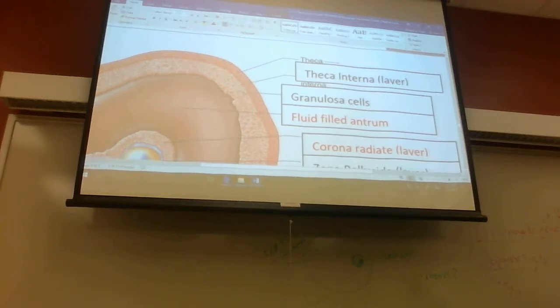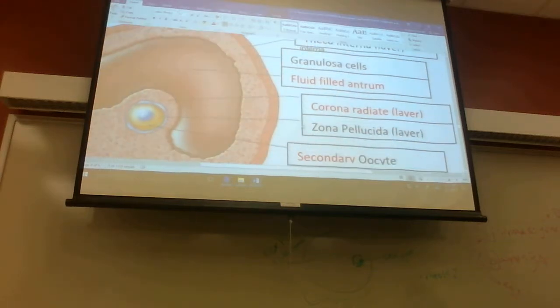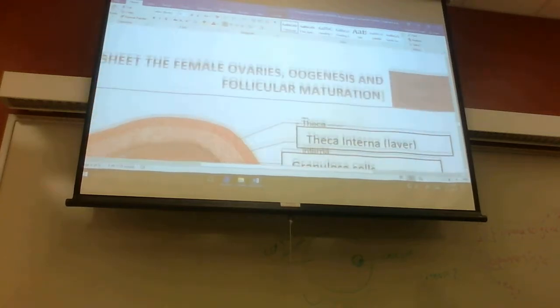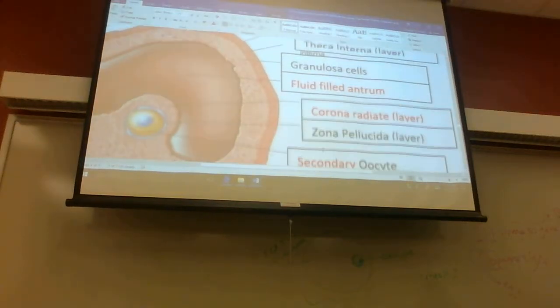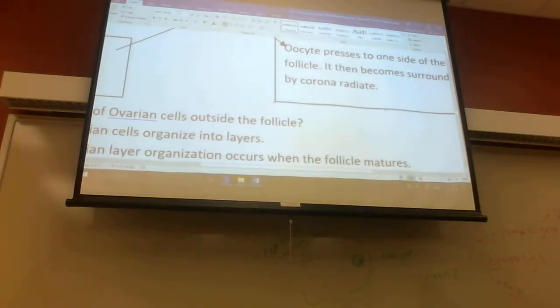And then the zona pellucida is this blue. I know, it's really small, but once you look at pictures and everything, that'll help. I should have made this a lot bigger. Anyway, I'm going to zoom in. Are you okay with that? I'm going to scroll back up then.